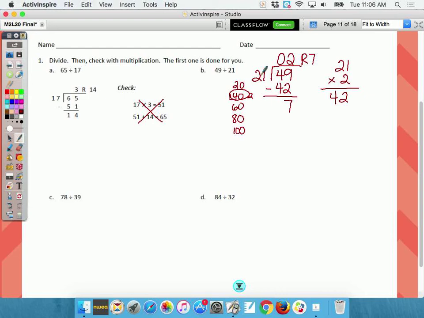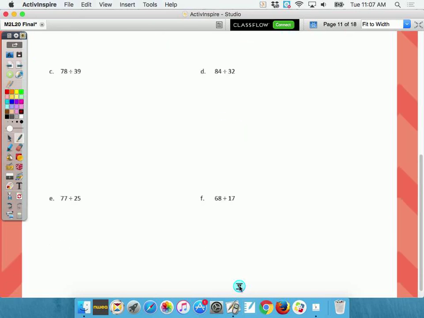So, if I check the problem, 21 times 2 plus 7, what's the only thing I have left to do for checking it? Plus 7 equals 49. Is that the dividend I started with? Yes, it is. Okay, let's go down to C and we're going to practice the same thing.